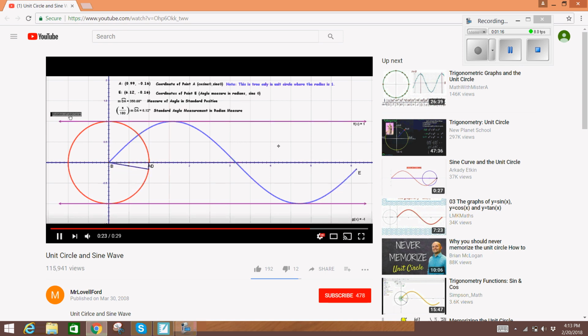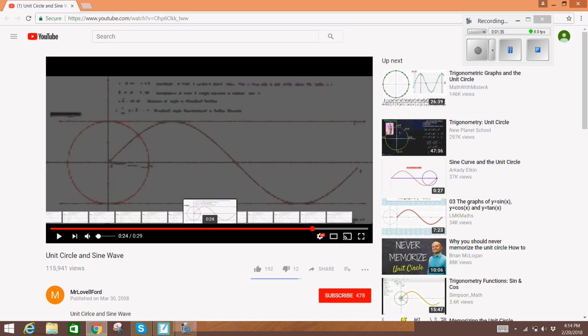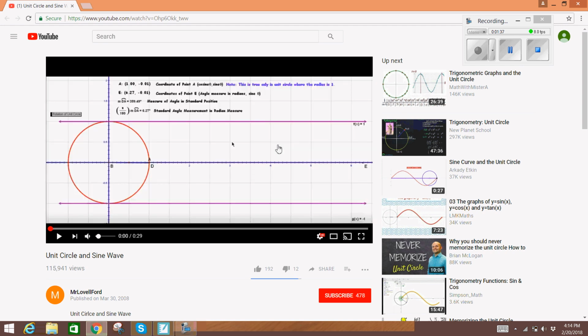Okay, so we're comparing the angle of this triangle to the height of this side, because remember, in the unit circle, sine is the opposite side over the hypotenuse, and if the hypotenuse is 1, then it's just that height. So let's watch it one more time, just so you can get an idea of what's going on here. Okay, so the angle is getting higher and higher.